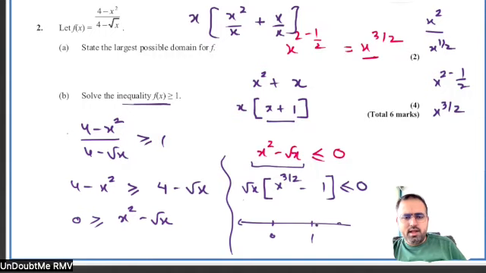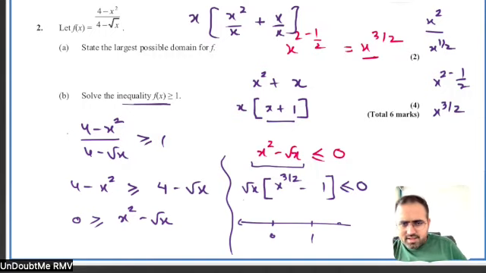Let's put anything on the right-hand side of 1. If I put 2, then root 2, and 2 to the power 3 by 2 minus 1. Overall it will be some positive quantity. You can just check it out. It can never be less than 0, and less than 0 means a negative quantity.